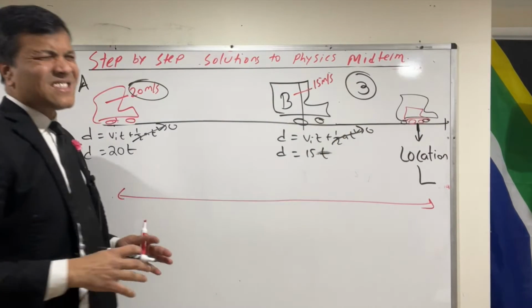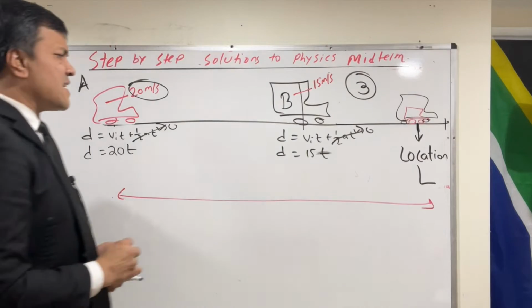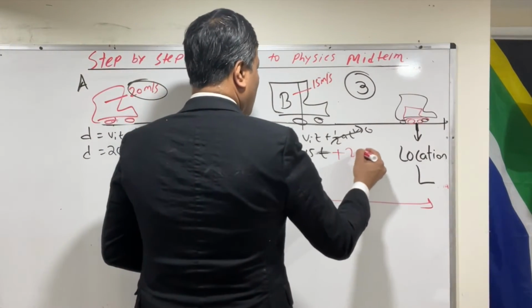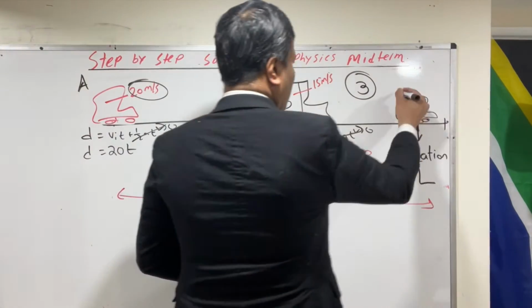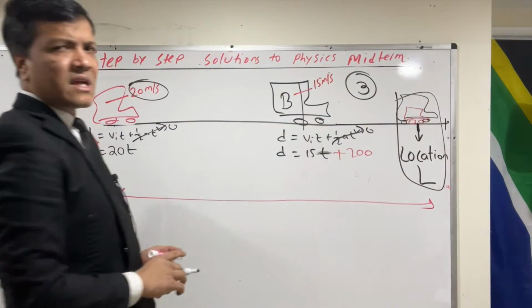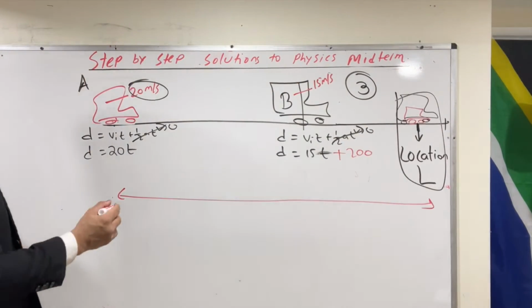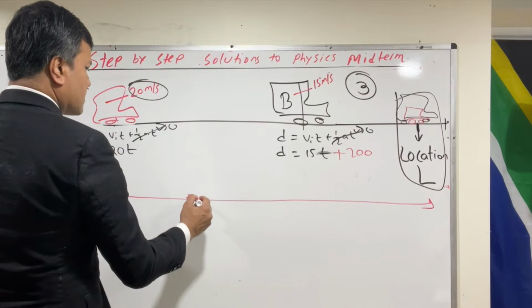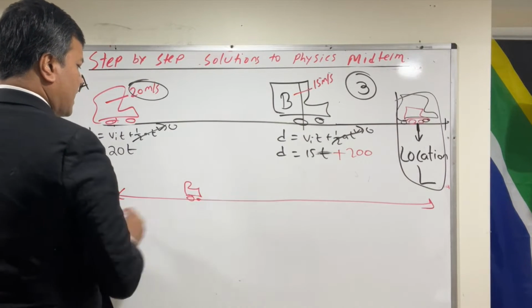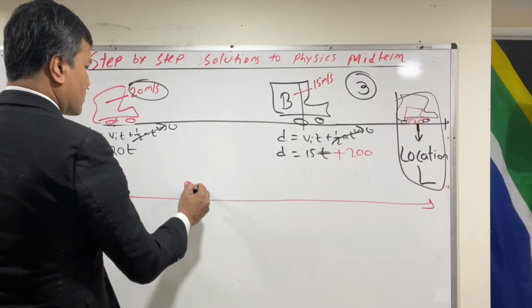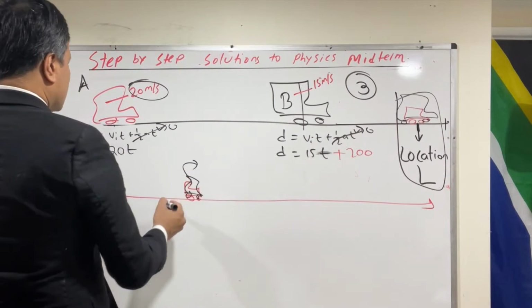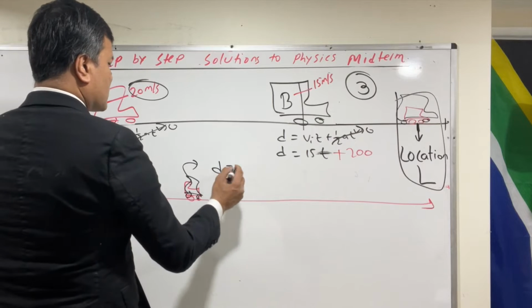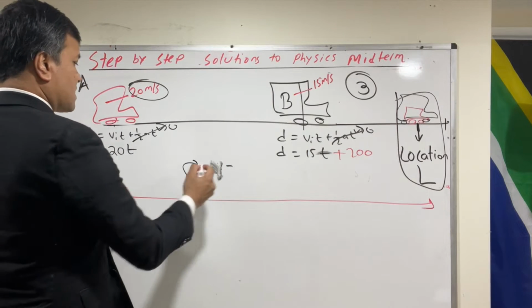All right, that's not it. This one has a head start, how much? 200. All right, now we're gonna say at this right here the red car is equal to black car. It's the same right there. Red car is equal to black car at that location. What does that mean in mathematics? Well, it means D is equal to D.